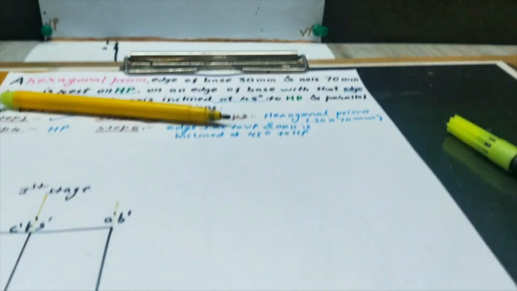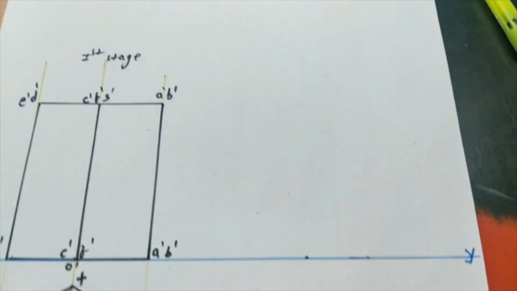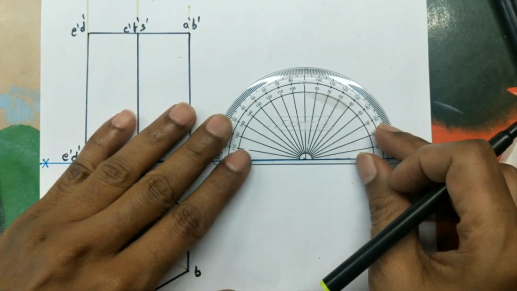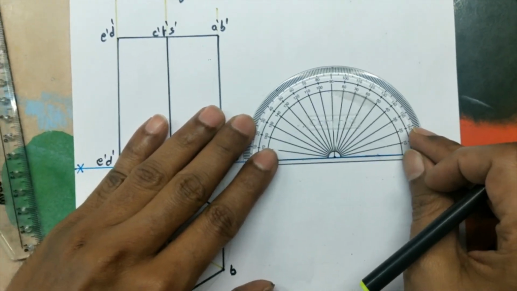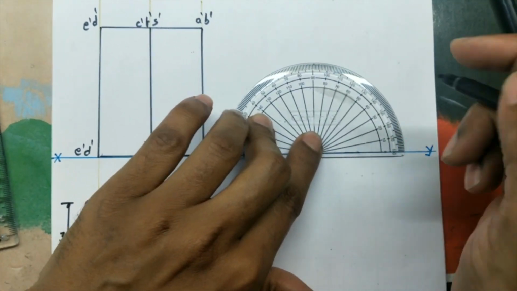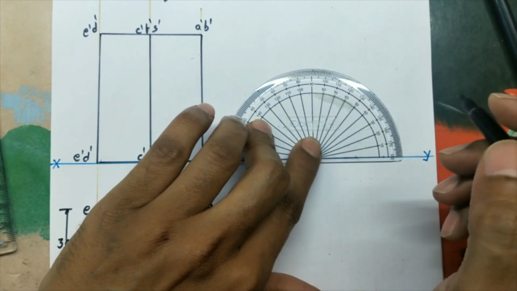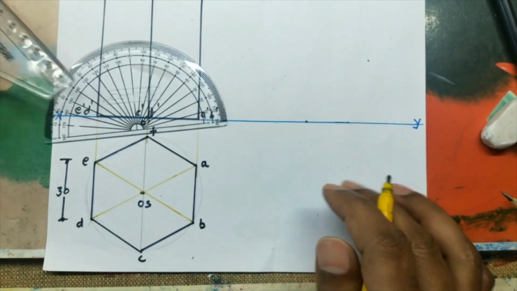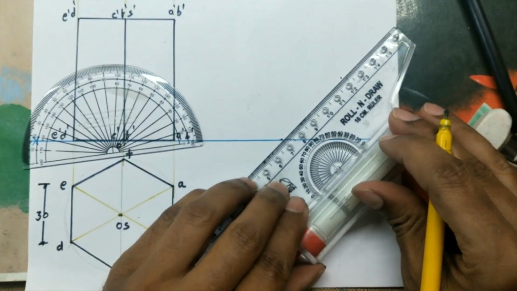Okay, so what I will do, I'll mark one point at a certain distance, take a protractor and mark an angle first of all of 45 degree. Okay, suppose this is 45 degree. Now draw one line there.